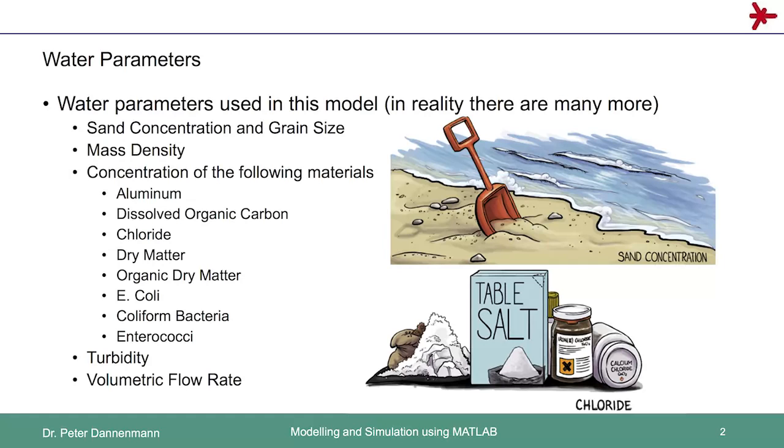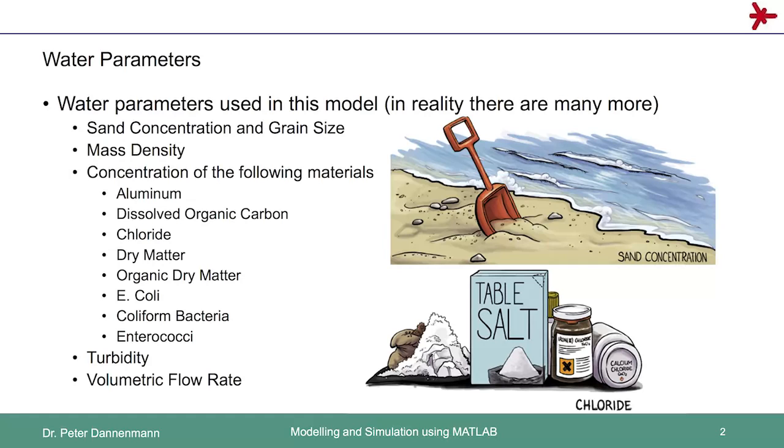The first parameter is the sand concentration of the water, as well as the sand's grain size. In flowing water, there is always some fraction of sand that has to be removed during the treatment in the water treatment plant. For the treatment of the water in the plant, the water's mass density is also relevant.